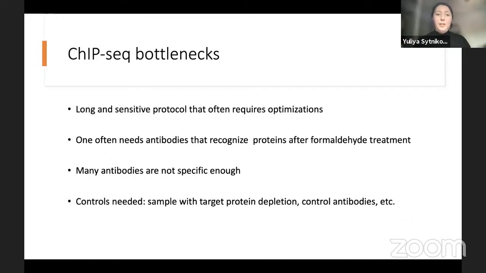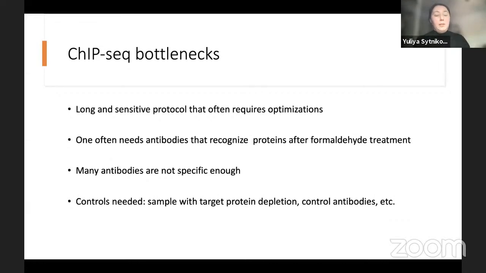Basically everything depends on how good the antibodies are, and those antibodies should recognize proteins after formaldehyde cross-linking. These are so-called ChIP-grade antibodies, and very often antibodies are not specific enough. They recognize other proteins and give background, and one needs a lot of controls. So this procedure is pretty challenging for single cell adaptation.